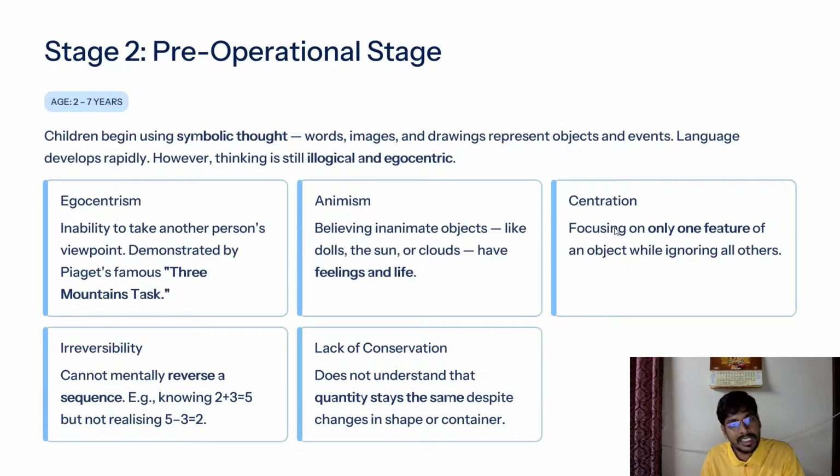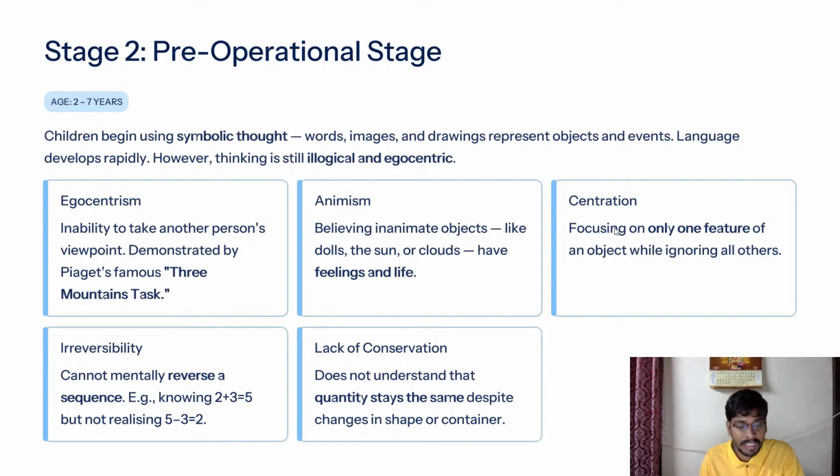So when the child is between 2 to 7 years, even though they understand symbolic thought like words and images, overall their thinking level is usually illogical and egocentric. There are a few terms related to the pre-operational stage. One is egocentrism. Egocentrism means inability to take another person's viewpoint.